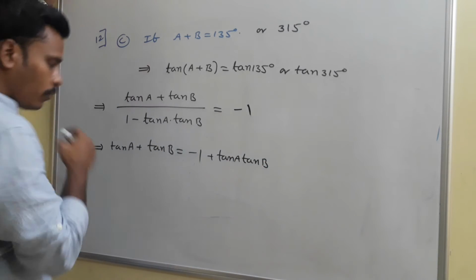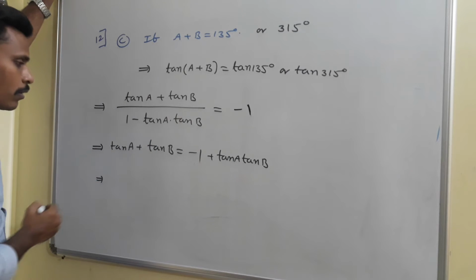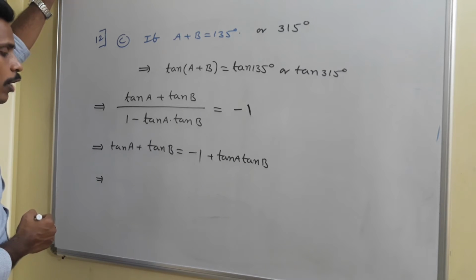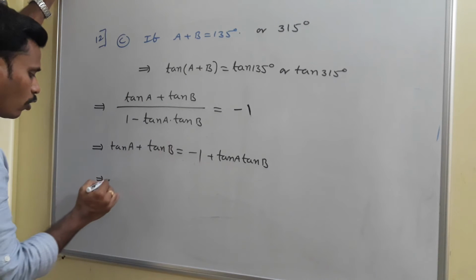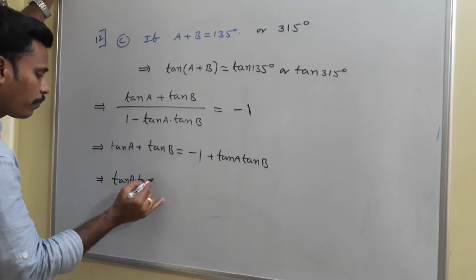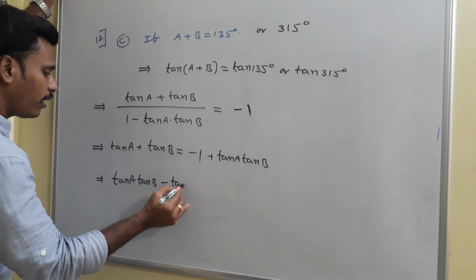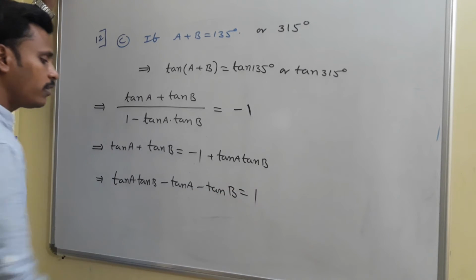Okay, and now send this tan a tan b to this side, and 1 to this side. See, nothing wrong here. Tan a times tan b minus tan a minus tan b is equal to 1. Just have a look.